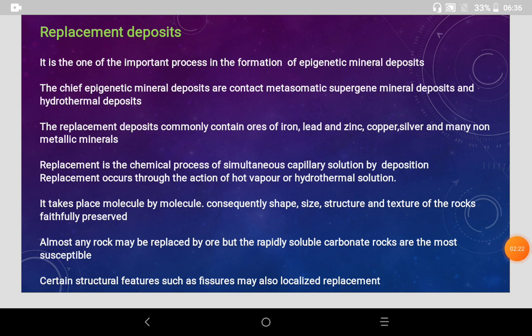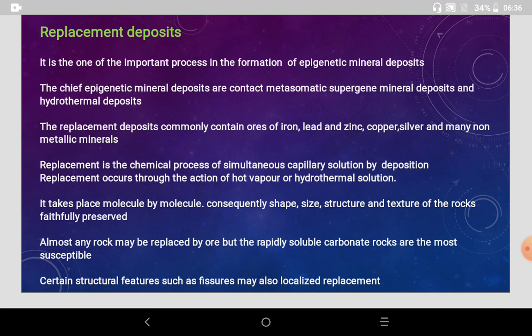The replacement occurs through the action of hot vapor or hydrothermal solution, due to capillary solution and deposition. It takes place molecule by molecule. Consequently, the shape, size, structure, and texture of the rocks are faithfully preserved.